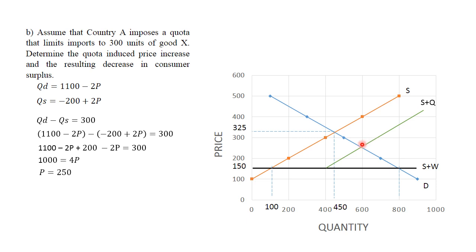Now we are going to determine how much the quantity demanded and how much the quantity supplied is. This is the formula you have to use, and this is how to get it. The price is equal to 250.